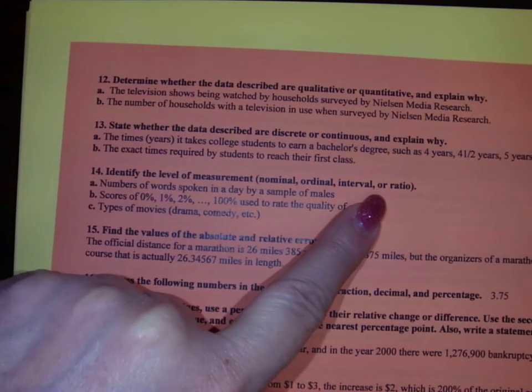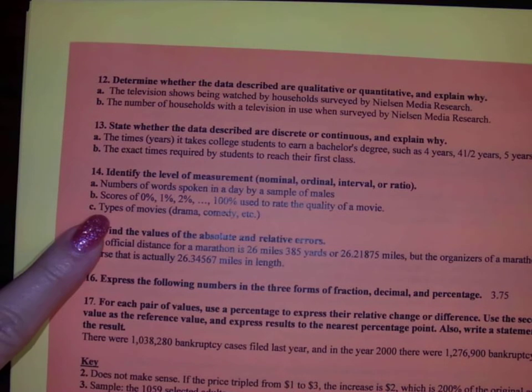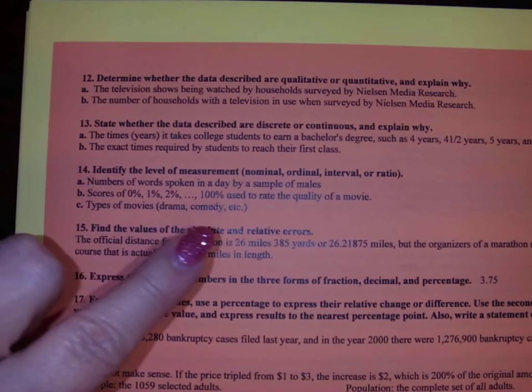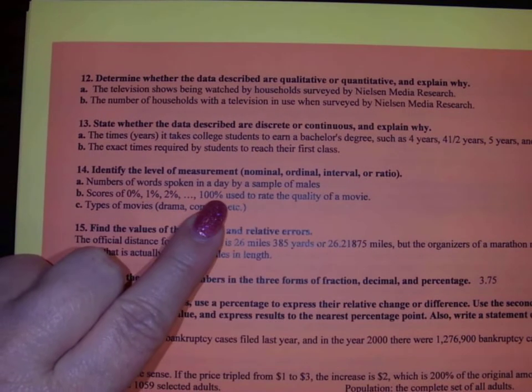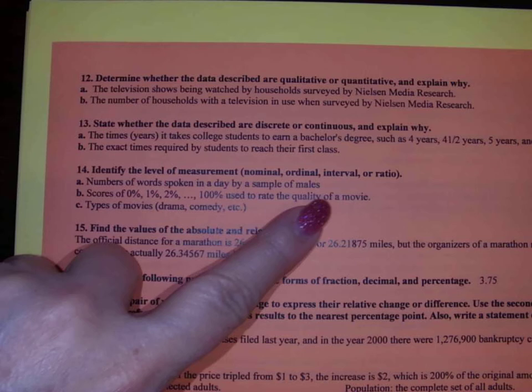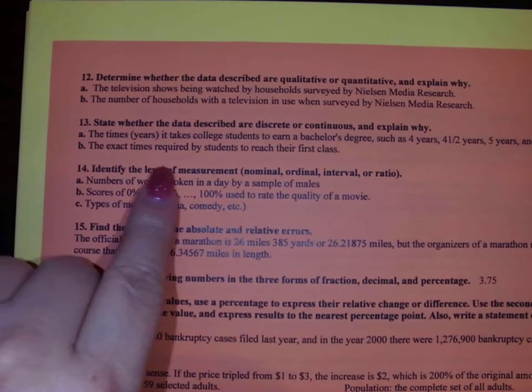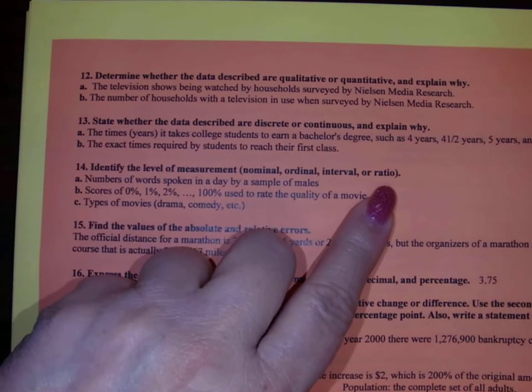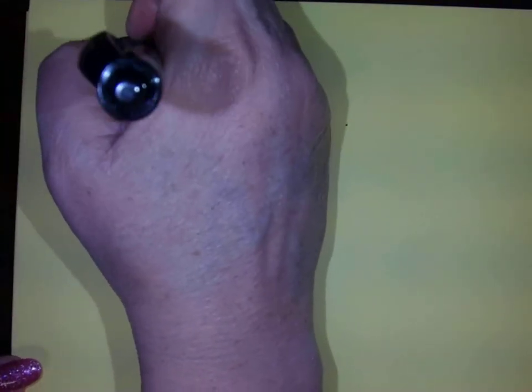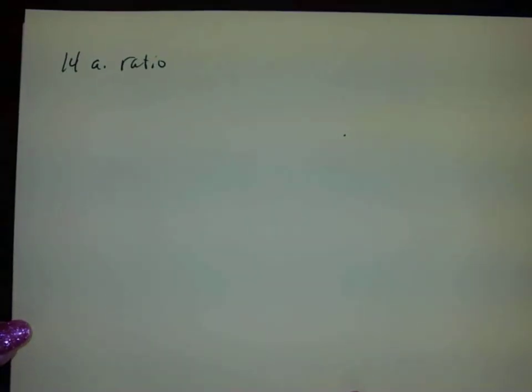Well, we can take the number of words spoken by a sample of males, and we could even say that this guy spoke this much compared to another one. We could make a ratio of those. It does make sense. We can make a ratio out of those values, so it could be a ratio.